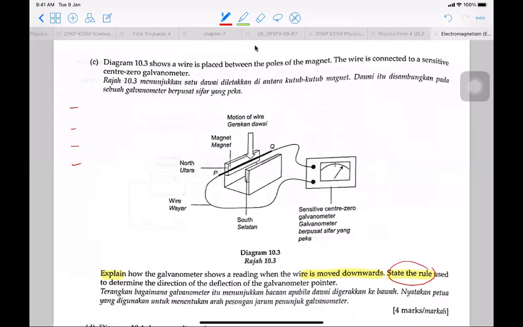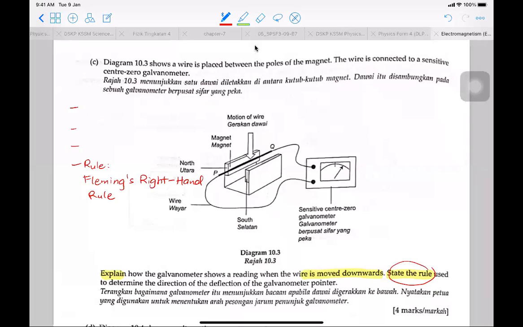What rule? Fleming's right-hand rule. Because no battery, only motion, then we will use Fleming's right-hand rule. This one we already know for sure. Okay, now the explanation.